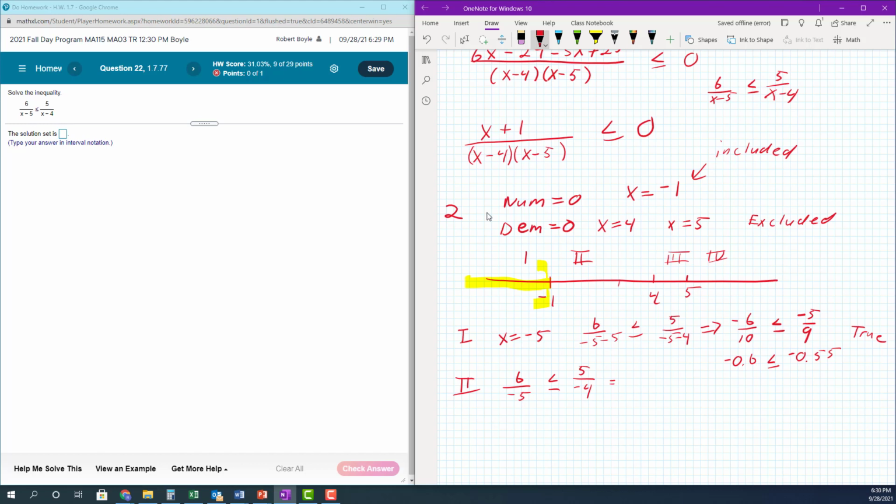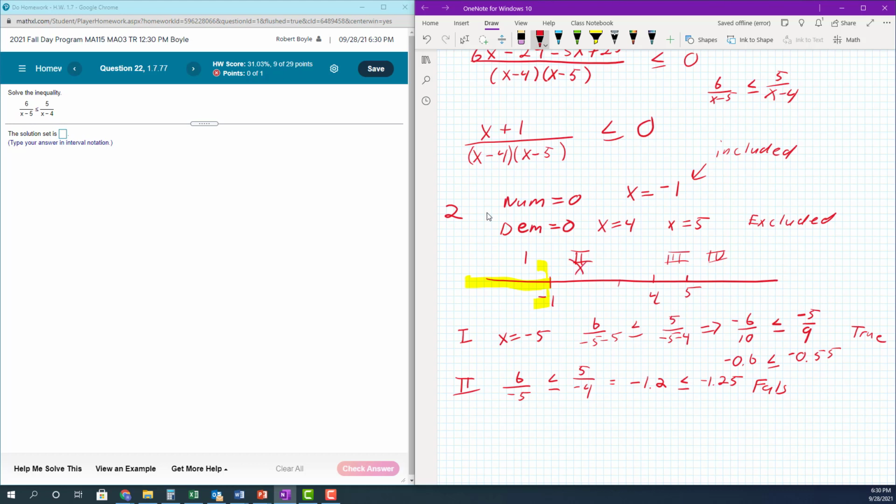Well, 6 over -5 is nothing more than -1.2, and 5 over -4 is nothing more than -1.25. Okay, this value is less than that value, so this happens to be false. So we will not include this interval.